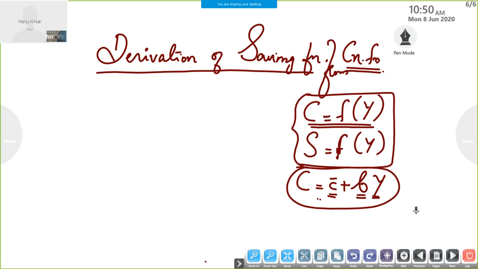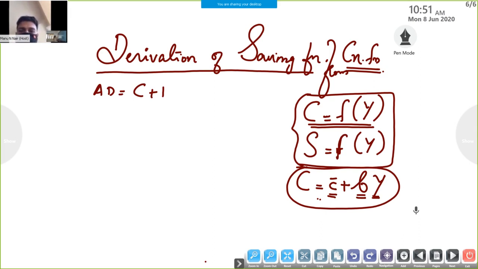Then from where we can start? Previous classes we studied some important formula. So first one, AD. AD is equal to C plus I. Daily you should revise these formula, then only you will get which one is related to the concept.